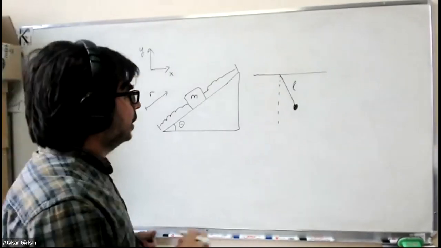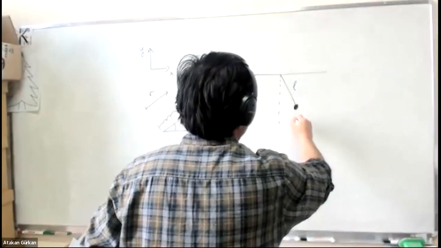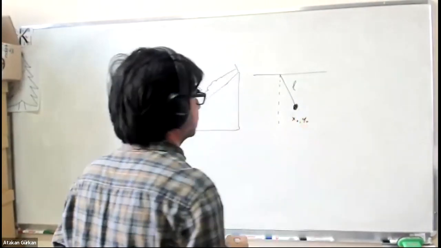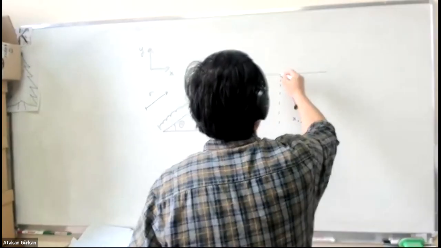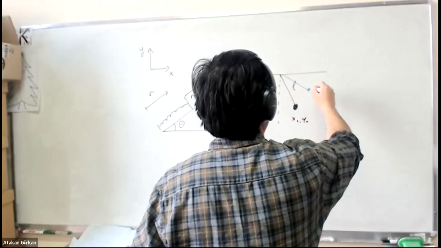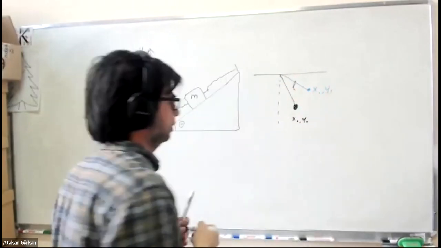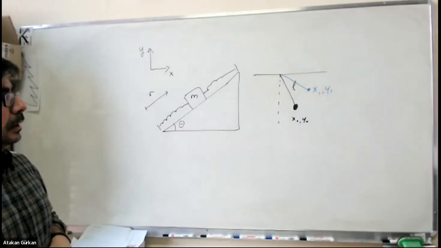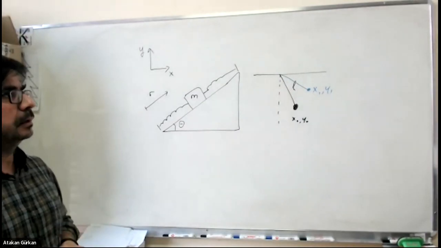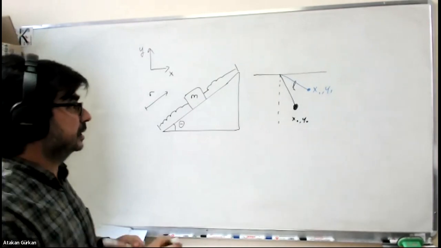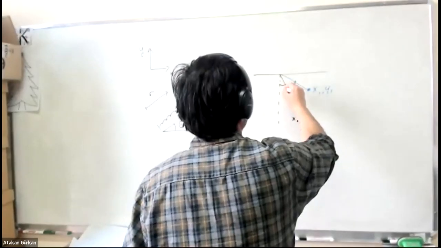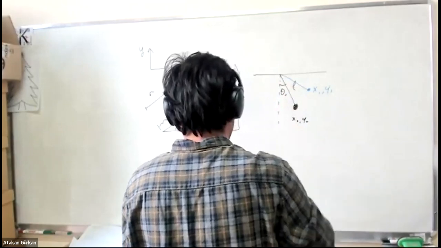Now, I have some position, x naught, y naught, say over here, and then I swing this pendulum, and it comes over here to some x1, y1. Okay. And I claim that this x and y are not good choices for your generalized coordinate, but this theta is. So this theta 0 over here, and some theta 1 here.